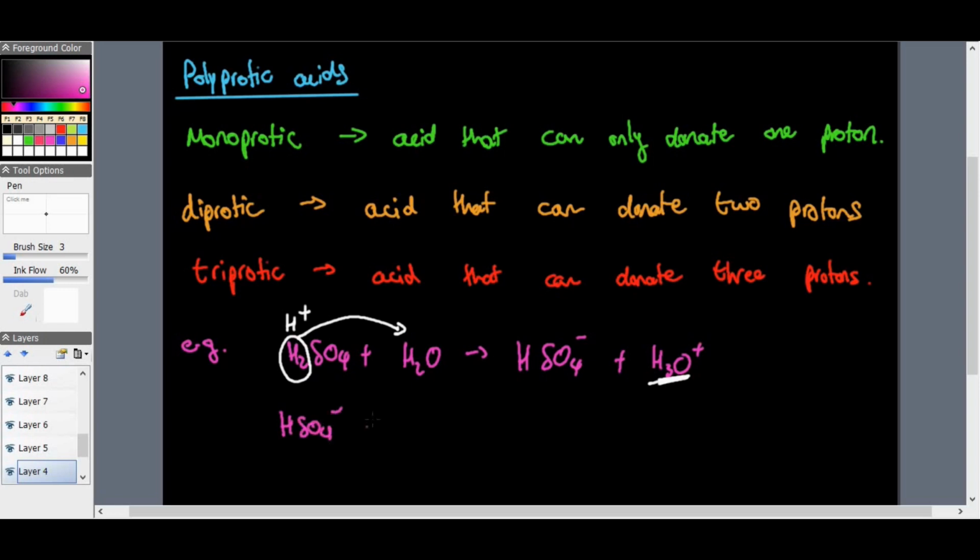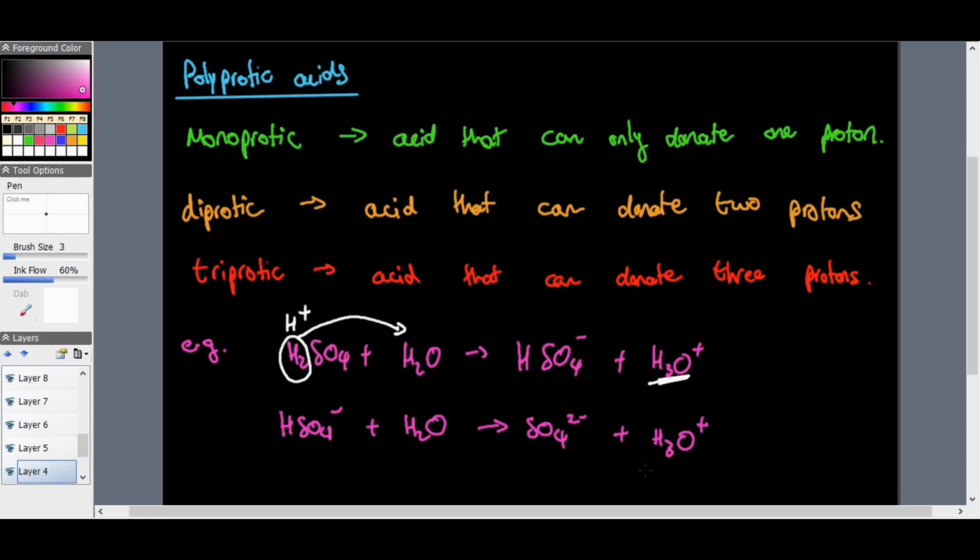HSO4 minus reacted again with water, and now I'll get SO4 2 minus, which is the polyatomic ion, plus H3O plus.